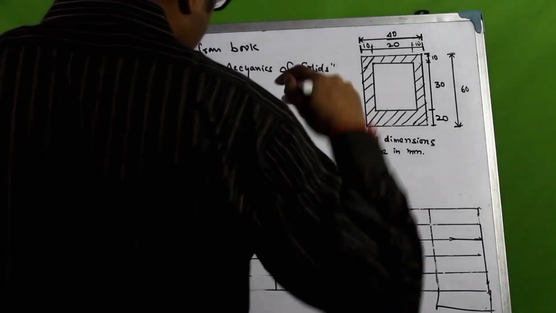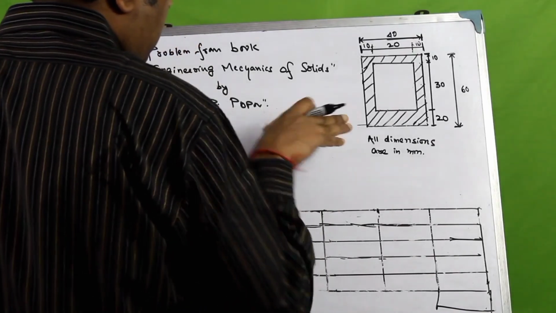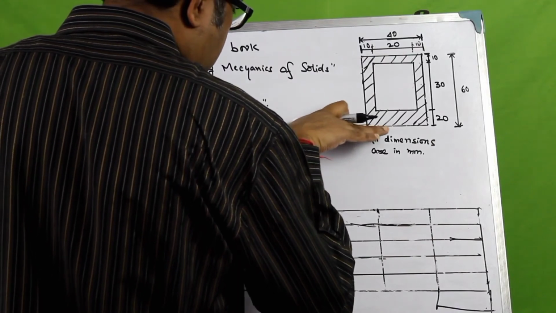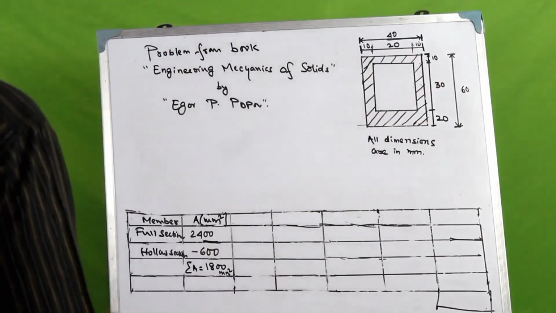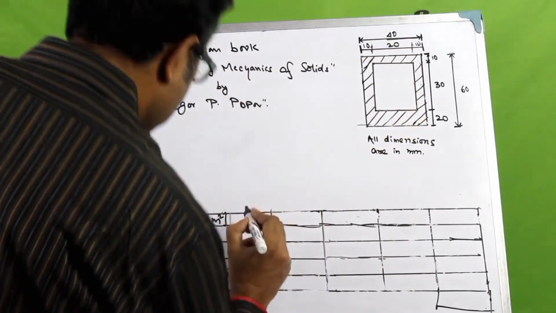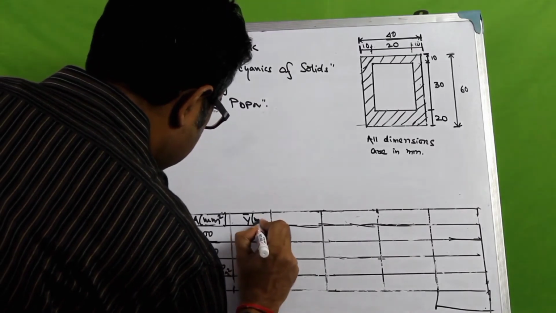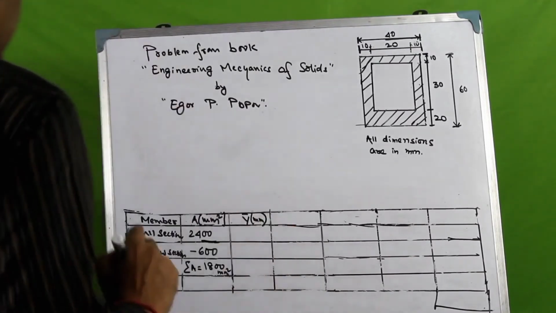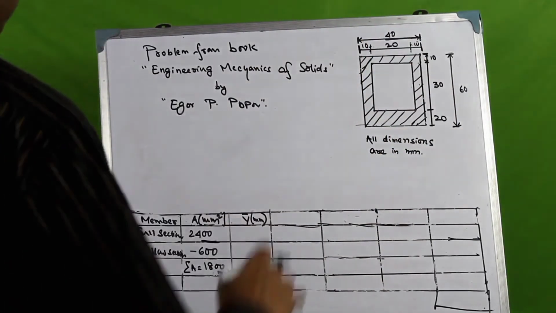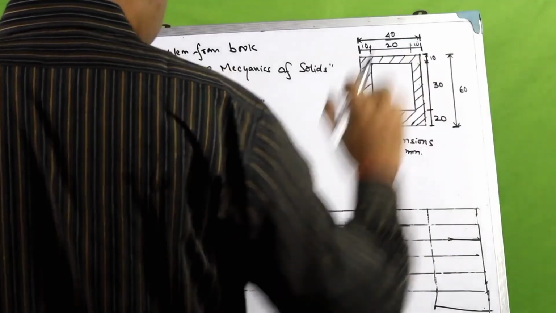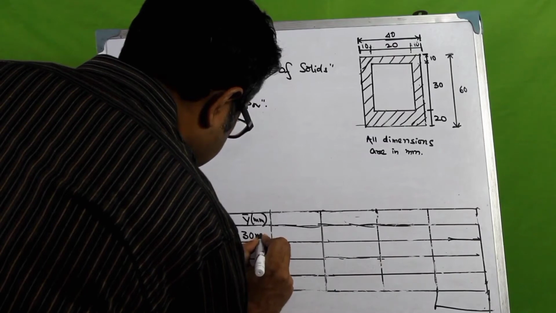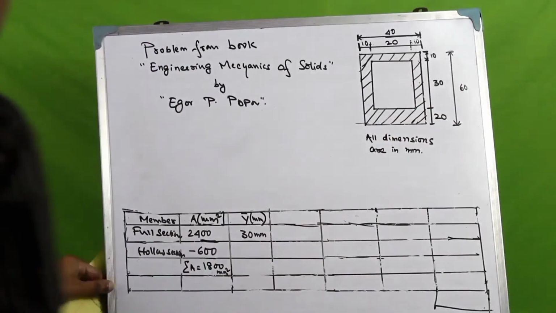Like in the last problem, we find the centroidal axis with reference to the bottommost portion of this rectangular section. So what would be the distance of the CG? We'll give it as y bar in millimeters, and the distance of the CG of the whole rectangular section would be half of 60 millimeters, so it would be located 30 millimeters above the bottommost portion of this section.